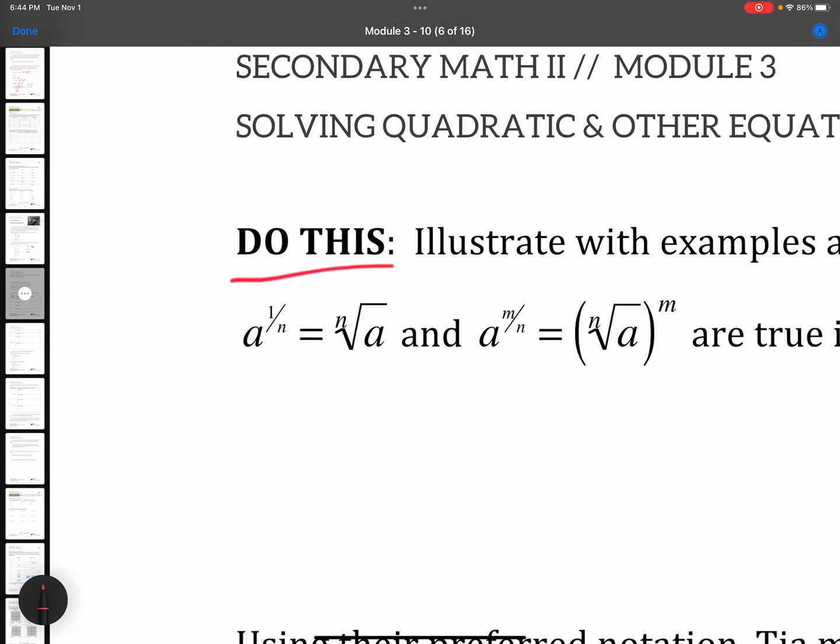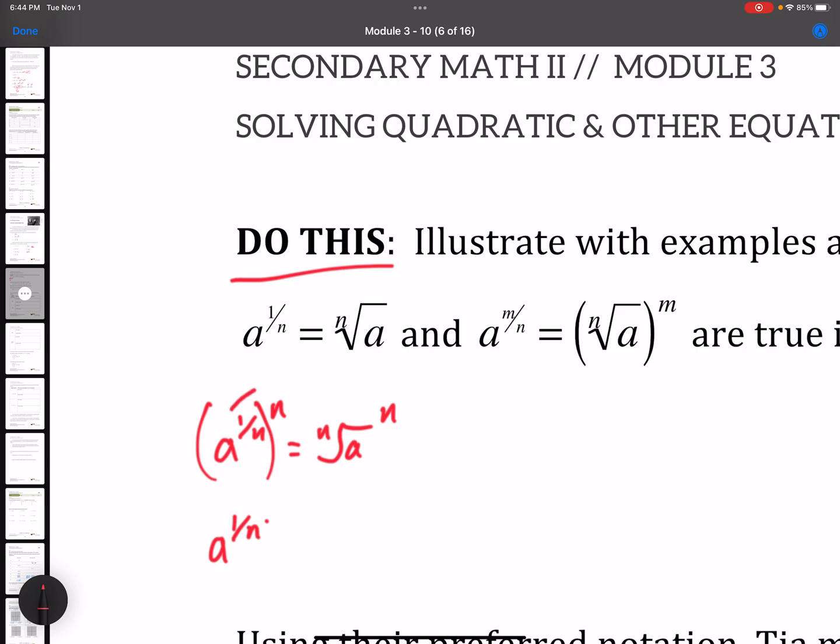basically what we can say is, here's a way I could look at it. If I were to raise each of these to the nth power, like this, I would have a to the 1 over n, all to the n.